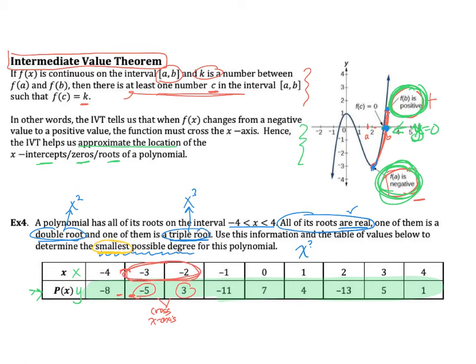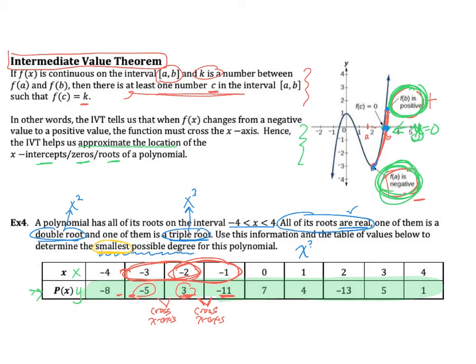My apologies. Now, my y value was a 3. My y value goes to a -11. So once again, it went from positive to negative. So we must have another cross of the x-axis between -2 and -1.